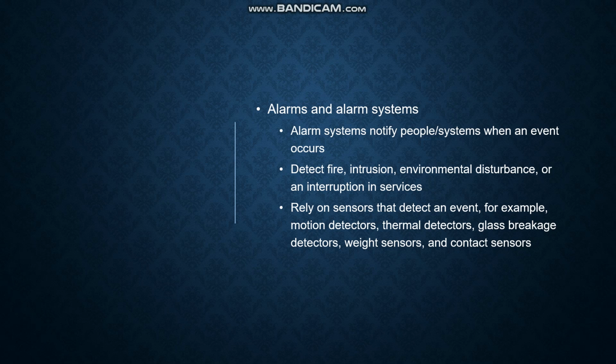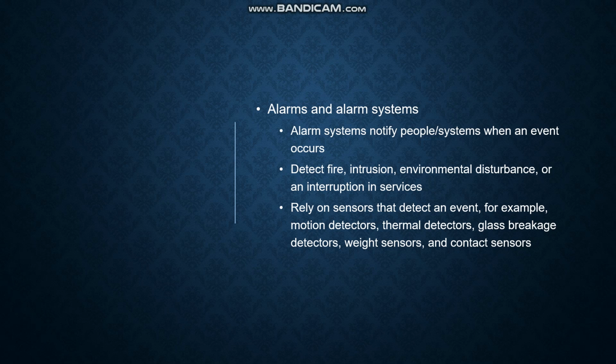If the energy from the beam projected into the monitored area is disrupted, the alarm is activated. Other types of motion sensors are passive in that they consistently measure the infrared or ultrasonic energy from the monitored space and detect rapid changes in this energy.